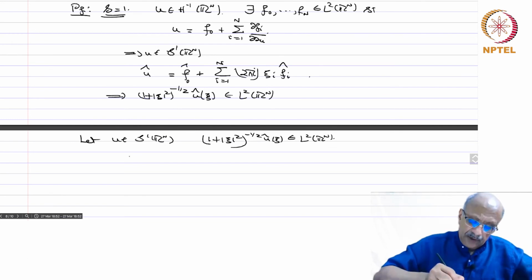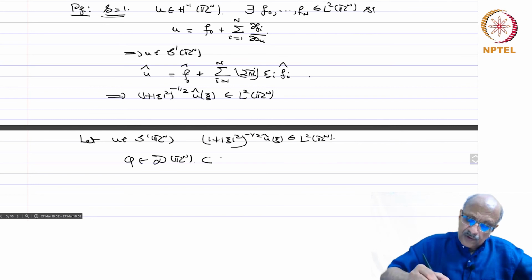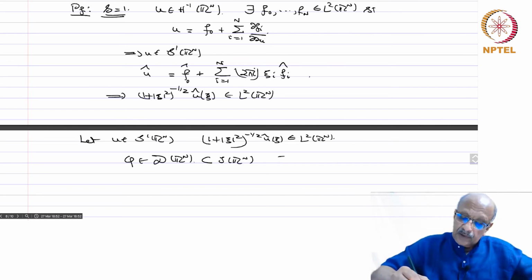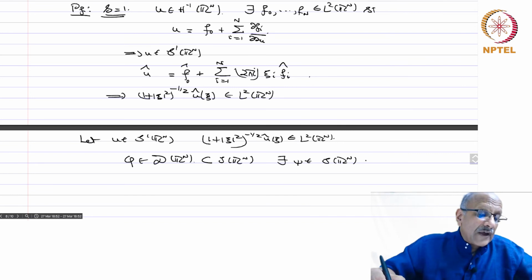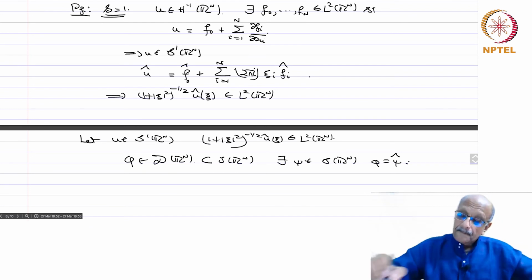So let φ belong to D(Rⁿ). Then this is of course contained in S(Rⁿ), and therefore by the Fourier inversion formula there exists a ψ in S(Rⁿ) such that φ = ψ̂. This is Fourier inversion.